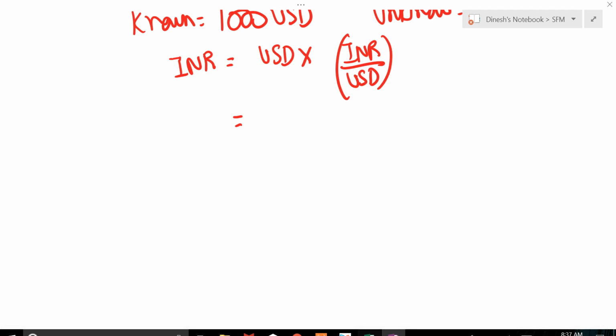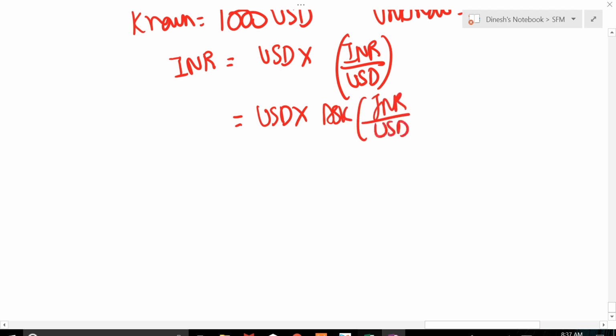So, ask rate or bid rate? Ask rate. Now write USD. Ask INR per USD. Start splitting the formula.